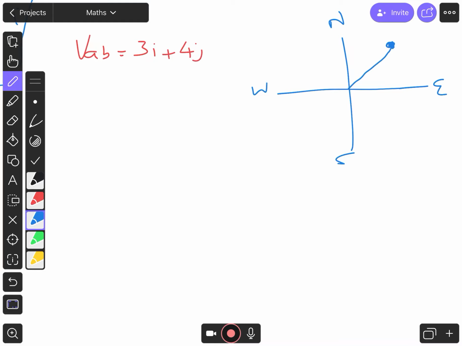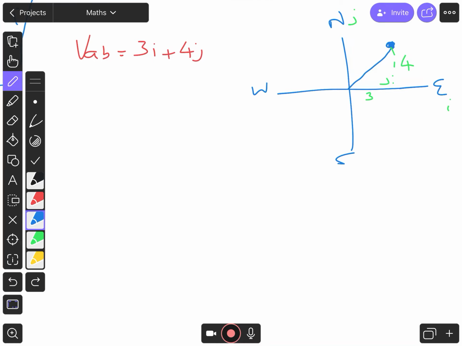Okay, so to do that, we are going to create a right angle triangle, and we're going to use this right angle triangle then. We know for the j part, because this is j and this is i, that the j part is 4 and the i part is 3. So there's our 4, there's our 3. And now we can use everything we know from junior cert trigonometry to find the length of this line here, and that's going to just be using Pythagoras.